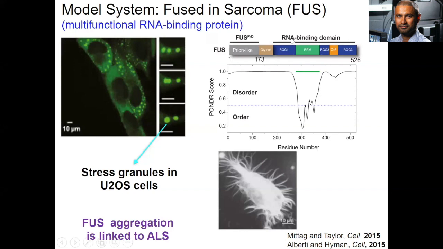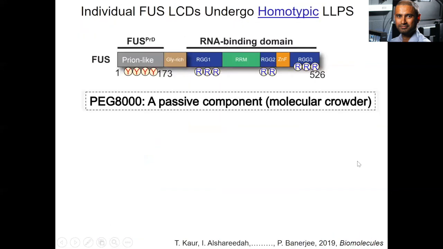On the C-terminal part of the protein, you have these RNA binding domains where you have this RNA recognition motif that is folded. But there are several arginine glycine-rich repeats which are unfolded and contribute to interactions with RNA via multivalent repeat sequence-based interactions.